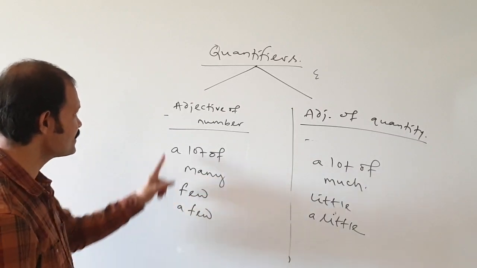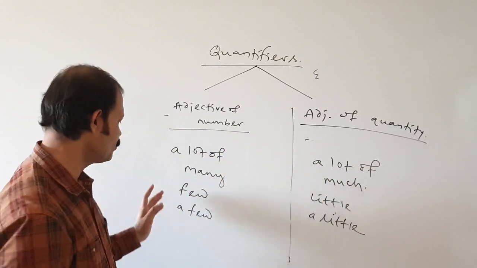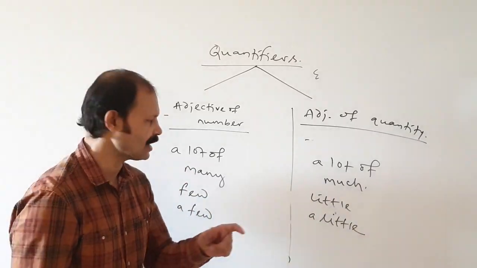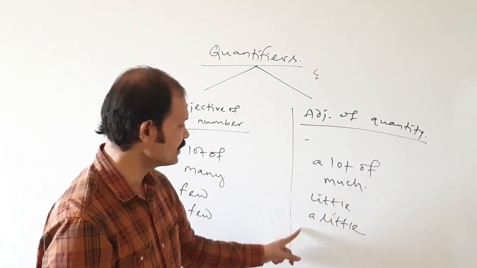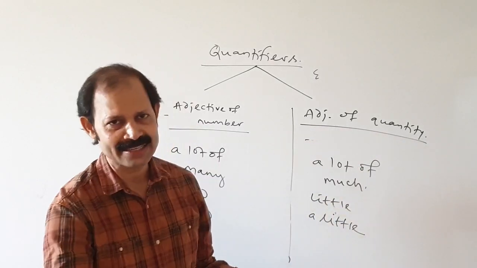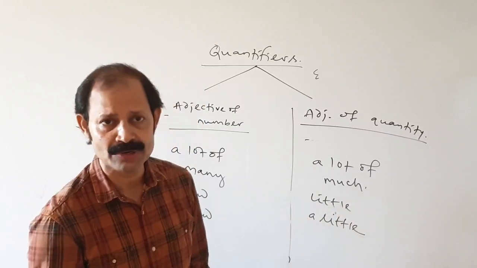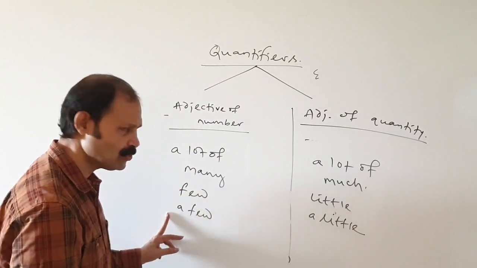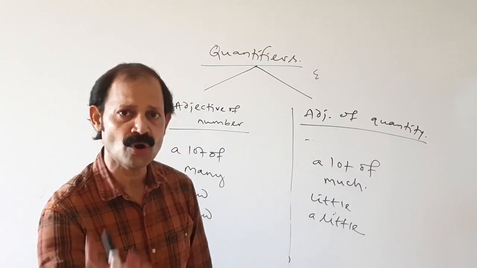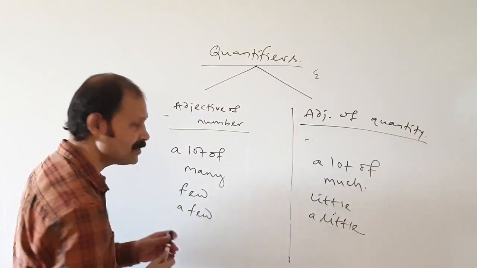The way I put it here under adjective of number, things are clear that few or a few goes before countable noun. And because I have put these words under adjective of quantity, it is clear that little or a little should be used to describe uncountable noun. Then we have to discuss the difference between few and a few.